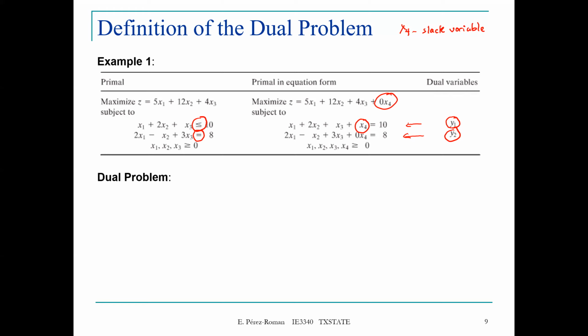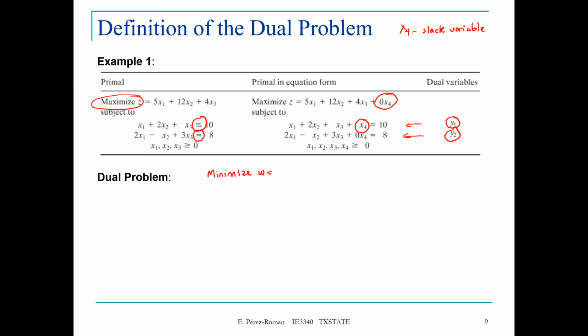Since this is a maximization problem, the dual problem is going to be a minimization problem. So we are going to minimize, and instead of Z, we're going to use W just for identifying the dual problem.